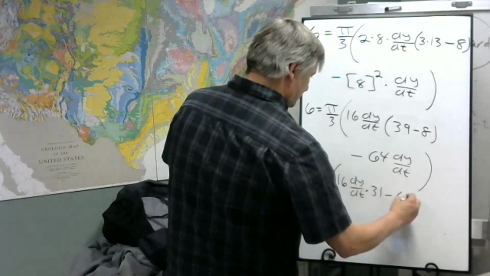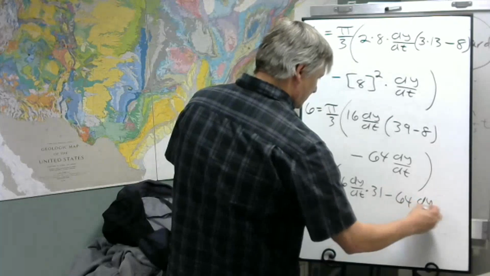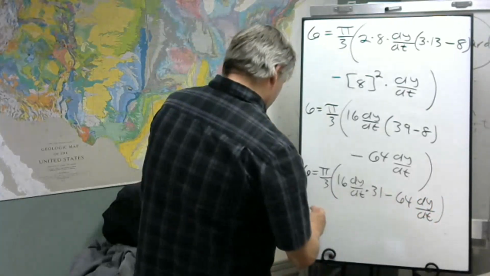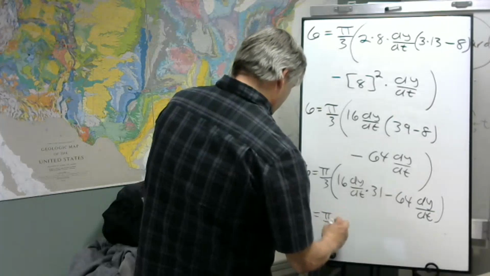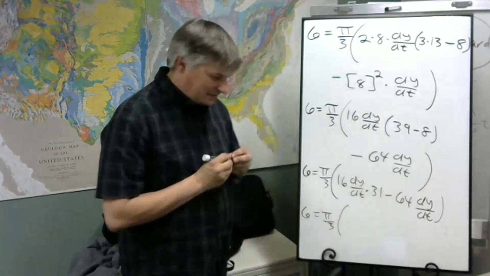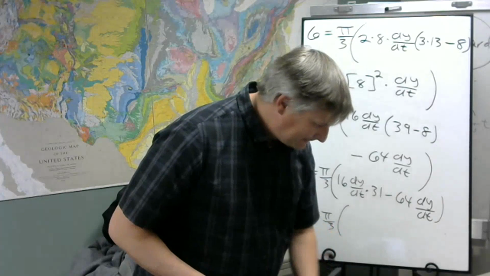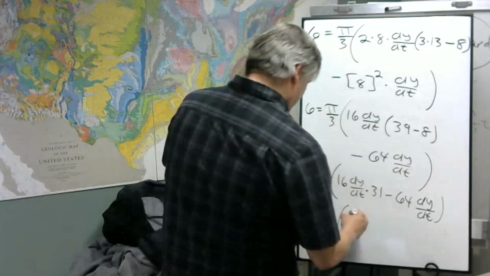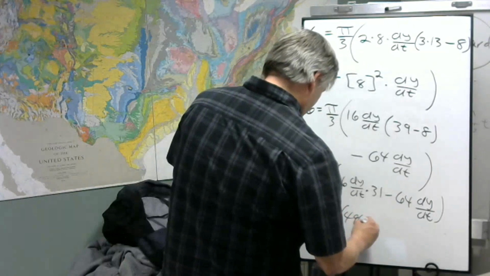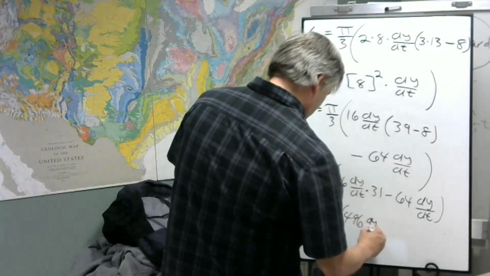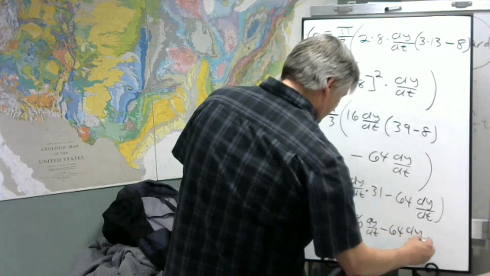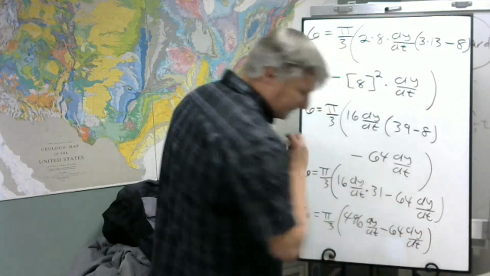Minus 64 dy dt. And let's see, 16 times 31 is $496. Minus 64 dy dt. Okay, it's simplifying down.